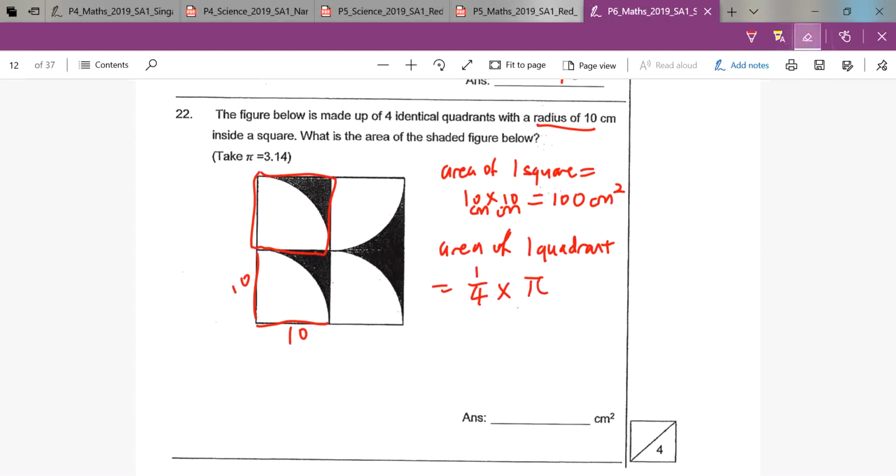In this case, they ask you to take pi as 3.14, so you must write 3.14. R squared is 10 squared, in other words, 10 times 10.